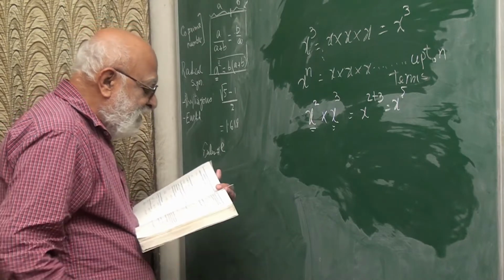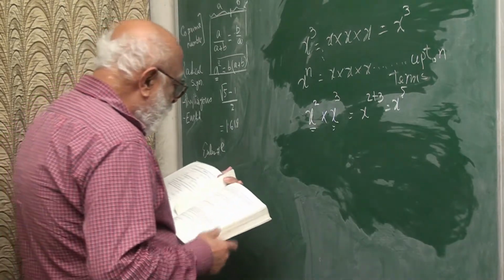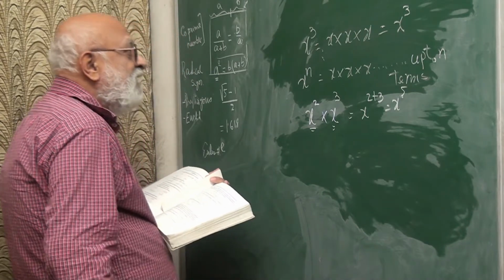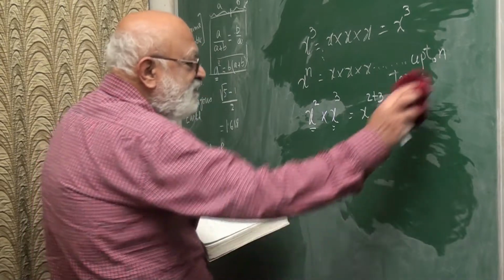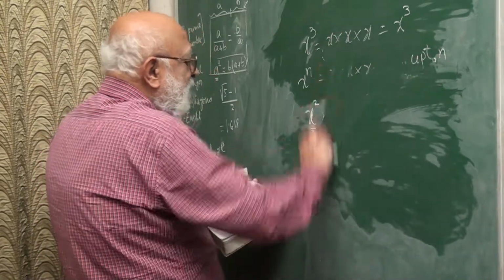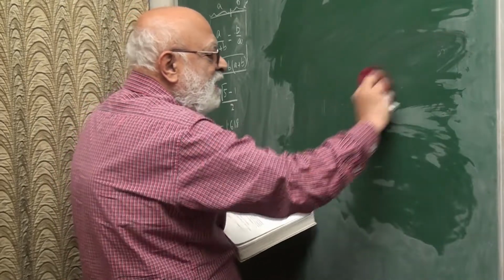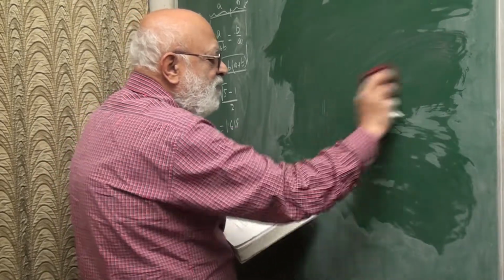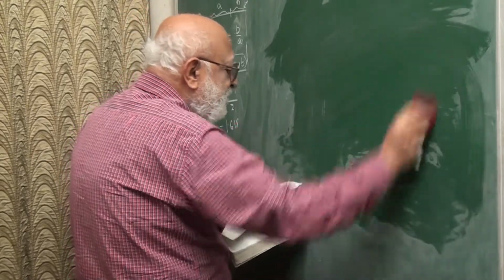I think we should first explain the rules, and then I will do the sums as they have been given in the book. So I will reverse the order.